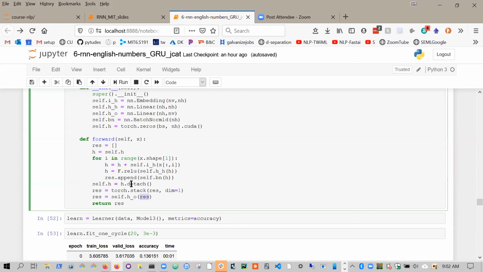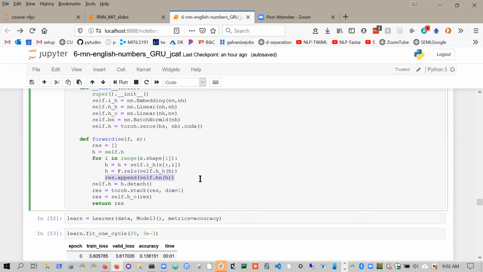The result is a list, which is what RES stands for, and there you are appending the h for every line as you go through the lines. So the result is actually the h with a batch norm applied to it. Yeah, that's what it is.